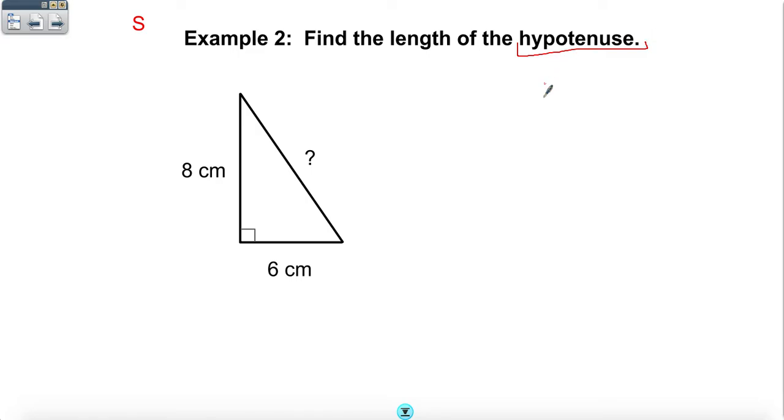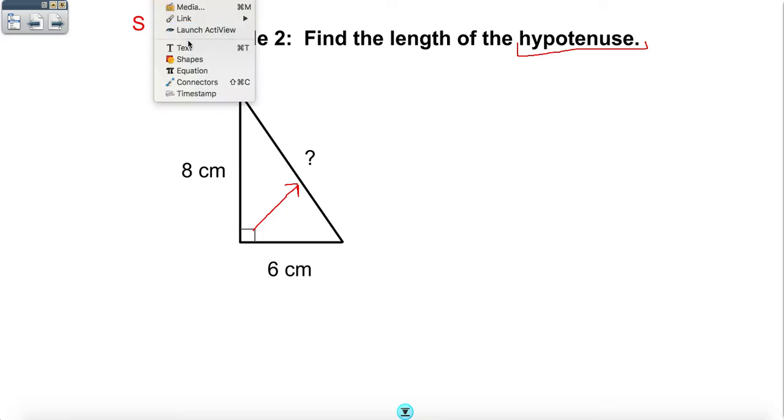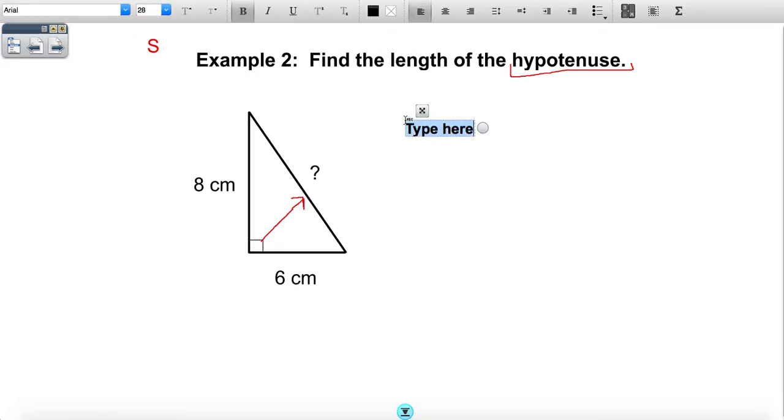All right, welcome back. Again, we're finding the hypotenuse, and the missing side is diagonal from our right angle. So I'm going to do this. We have a squared plus b squared is equal to c squared.